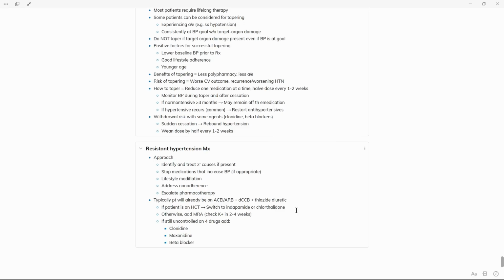And again, we check the potassium 2 to 4 weeks after starting to make sure that the patient doesn't develop hyperkalemia. If they are still uncontrolled on 4 drugs, then they will usually be involved with a specialist already, and the specialist may recommend, or if you're comfortable as a GP, you can also add another class such as clonidine, moxonidine, or a beta blocker.